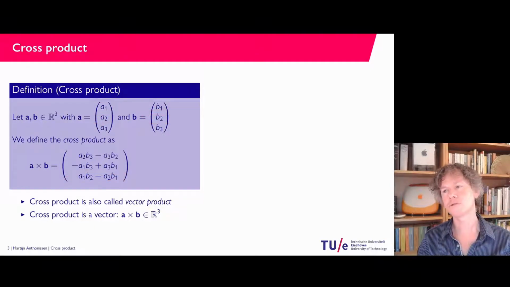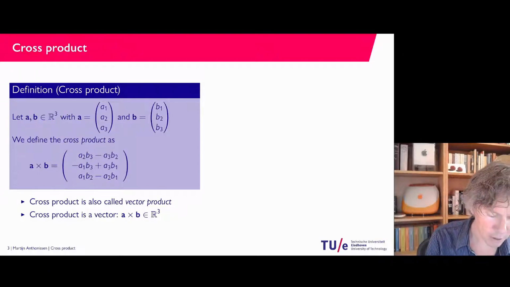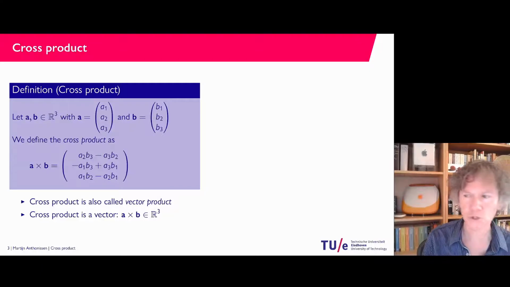So let's do a simple numerical example just to get the hang of this, and maybe also to already try and indicate why this is going to be of use for us. So I'm going to pick two vectors.